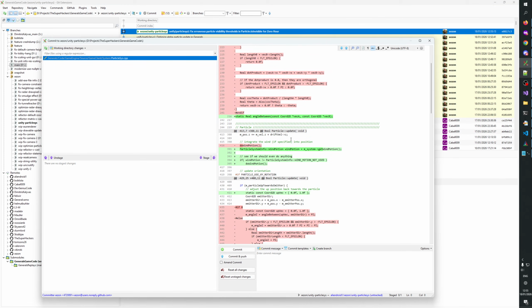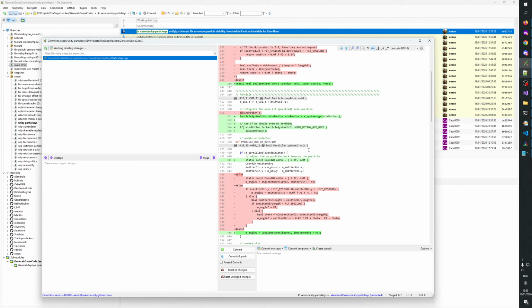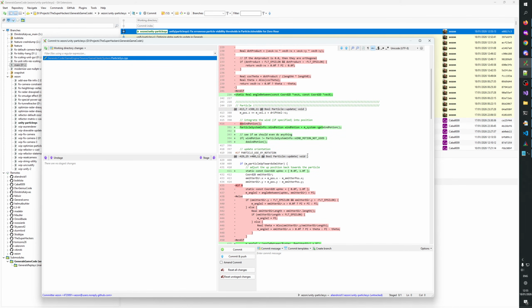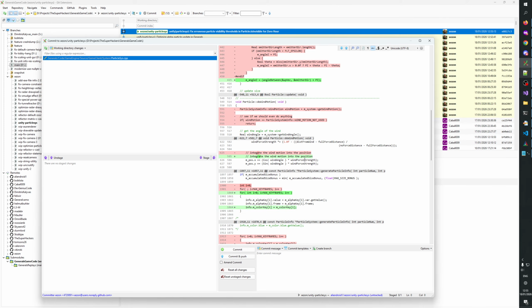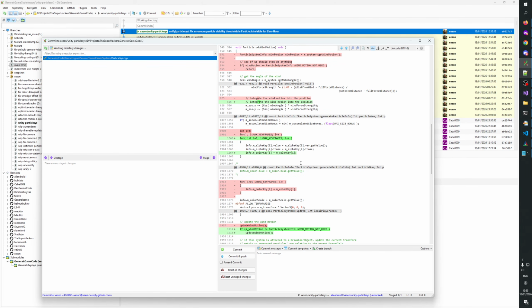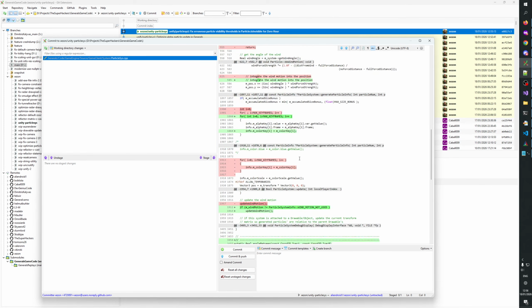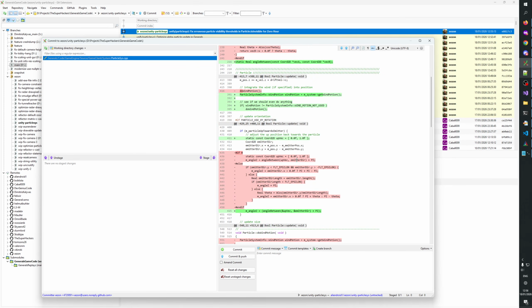Okay, then next wind motion. Motion. Angle.